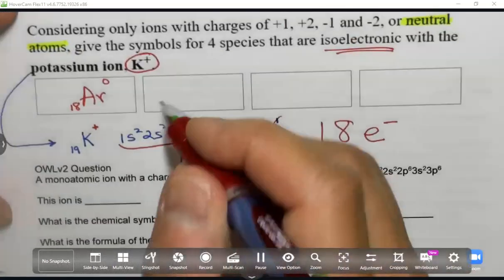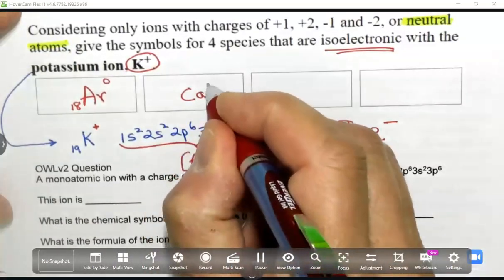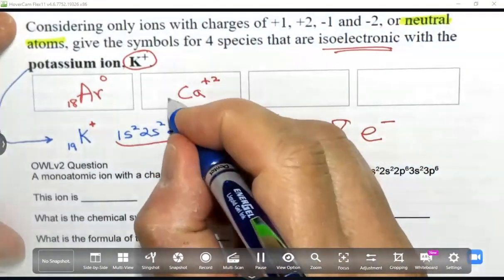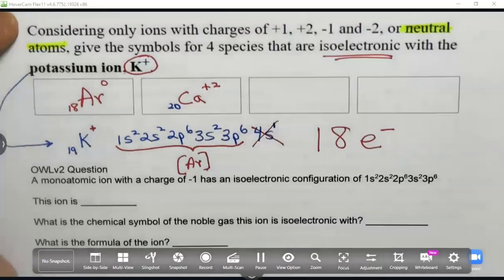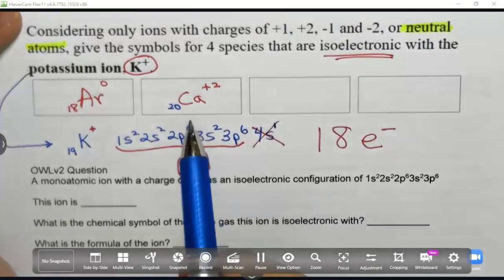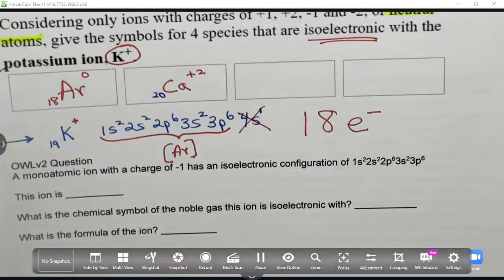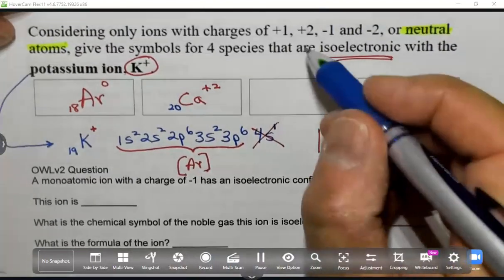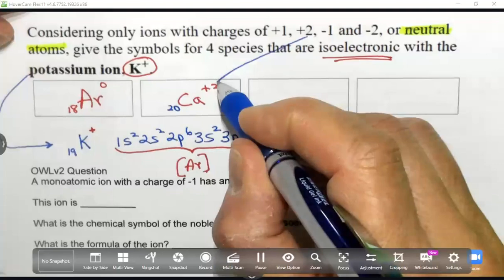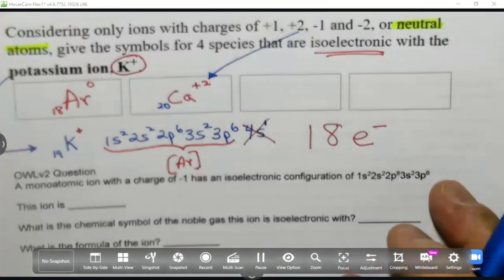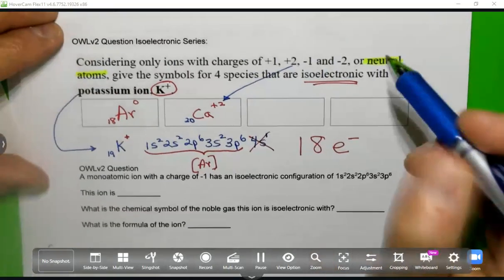We know for sure calcium with a +2 charge has 20 protons and 18 electrons. So there is my +2. This is my neutral atom because we have to match this up.